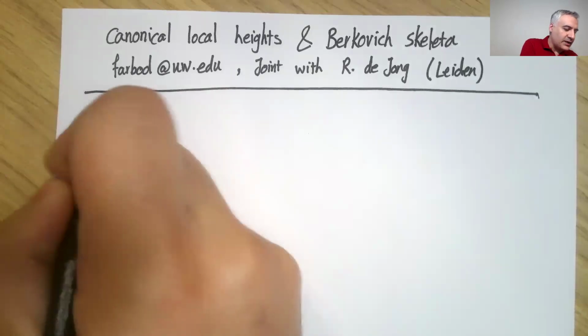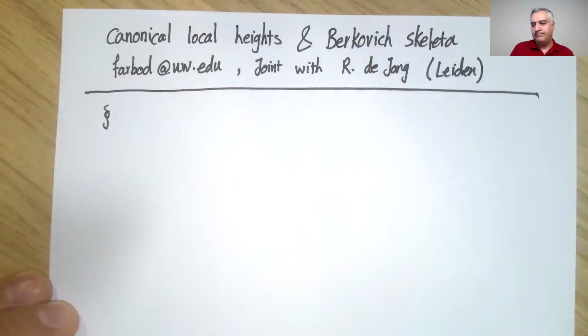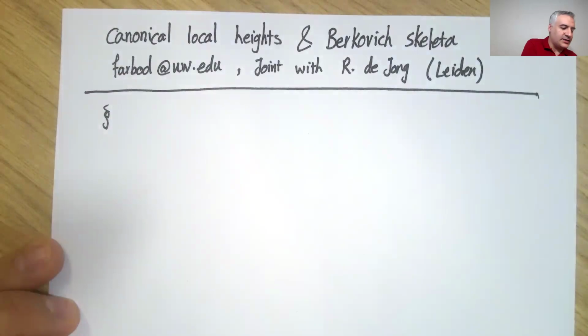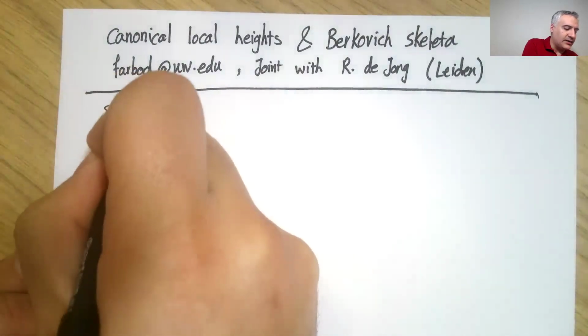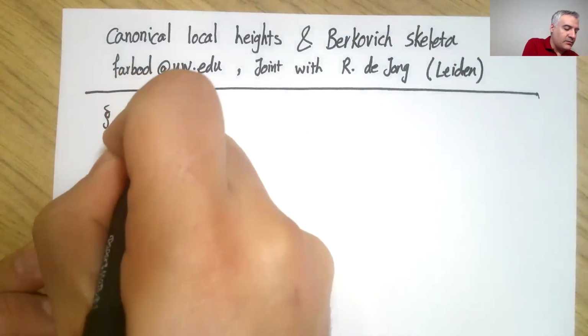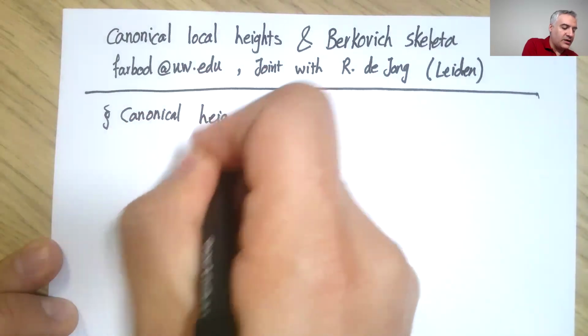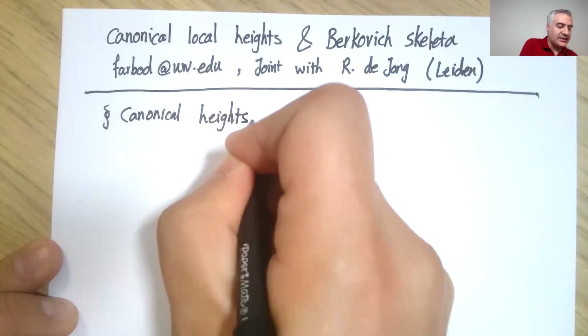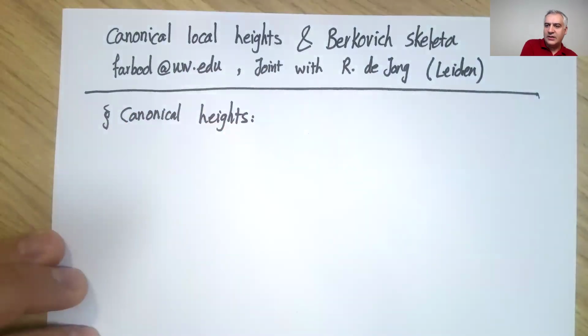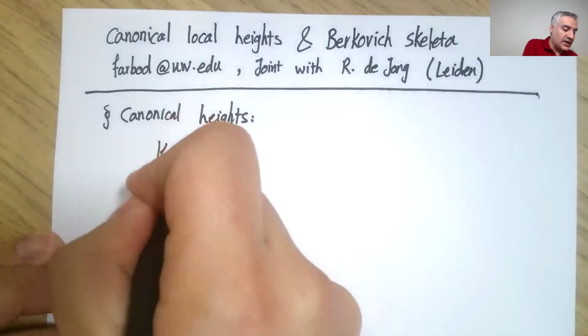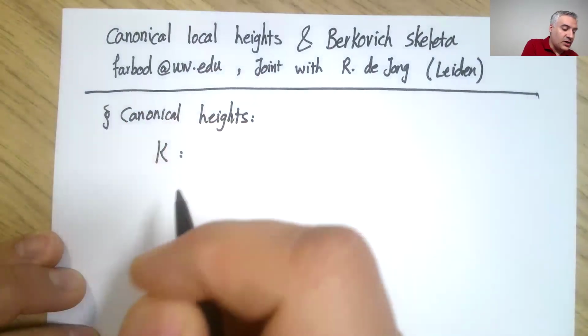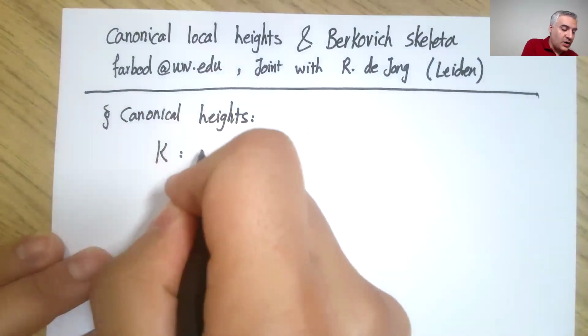So let me start with some background on known functions that we learn in graduate school, maybe canonical heights. In the context of abelian varieties, one can extend it to dynamical systems, but let me set the notation. K for the talk is going to be a number field.